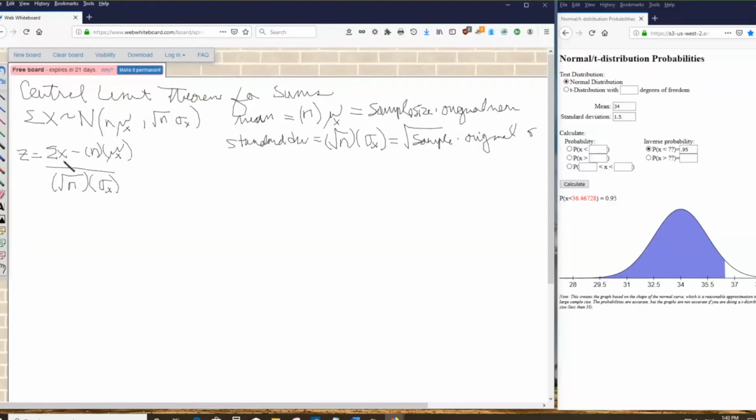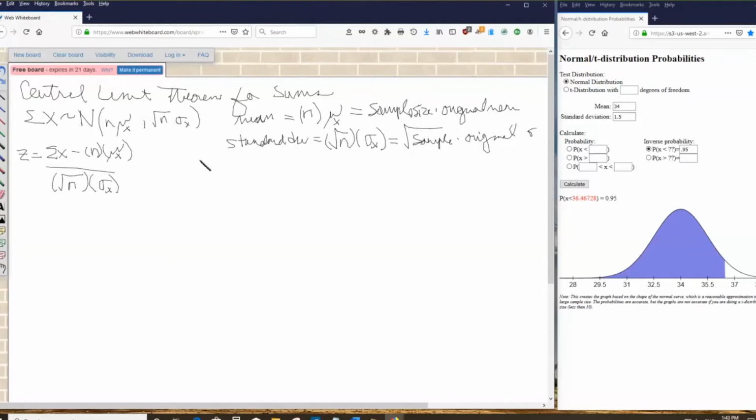If you'll notice, this is exactly the same formula you used for normal distribution z-scores in Module 6, when we covered normal distributions. It's x minus the mean divided by the standard deviation.